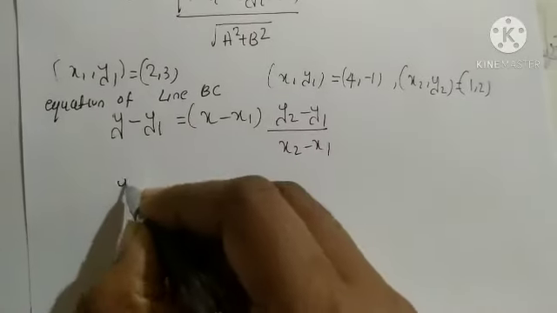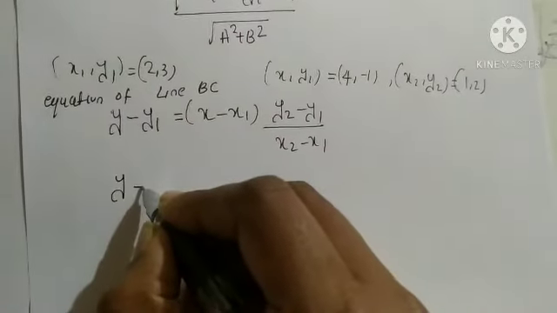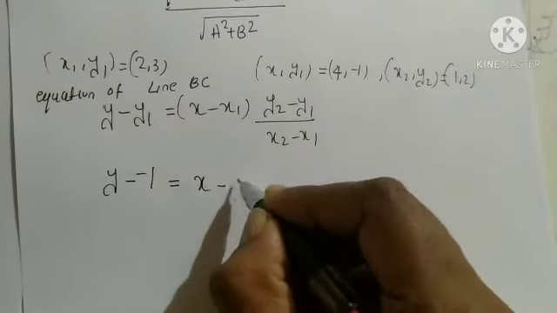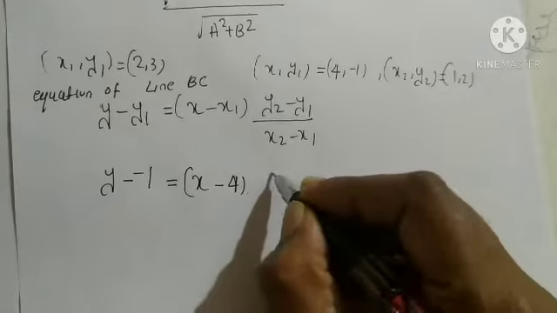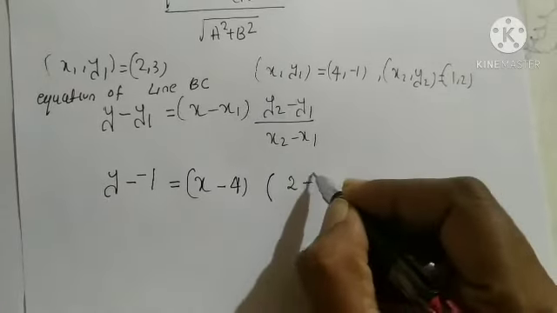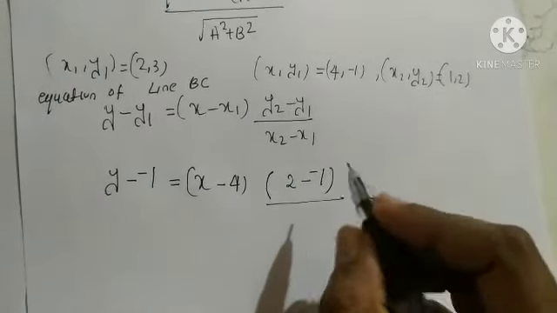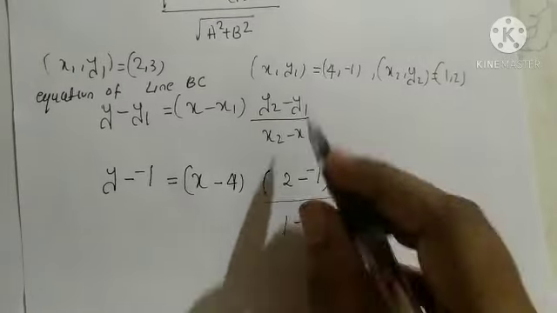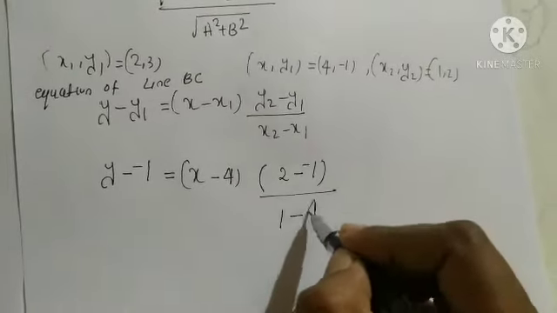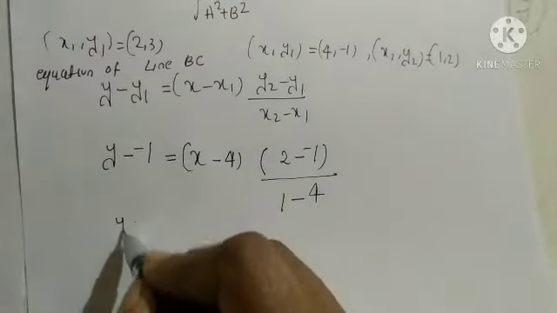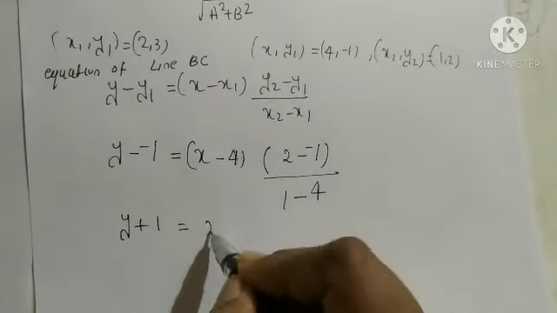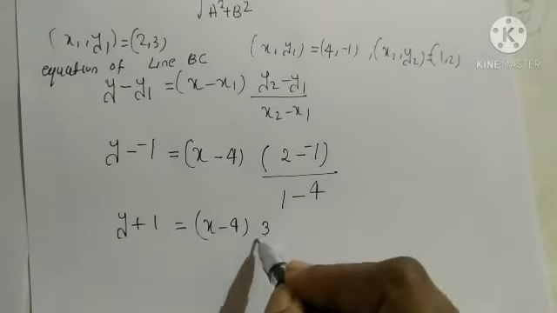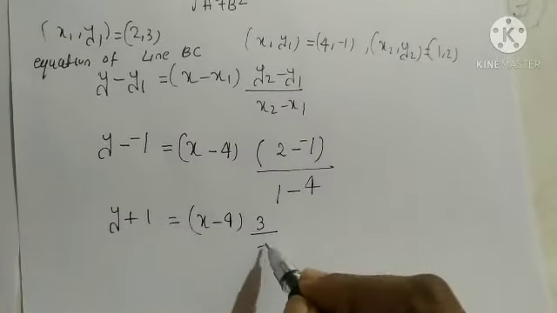So here we get y minus y1, that is y plus 1, equal to (x minus x1, which is x minus 4) into (y2 is 2 minus of minus 1) divided by (x2 is 1 minus x1 is 4). So here we get y plus 1 equal to (x minus 4) into 3 by minus 3.